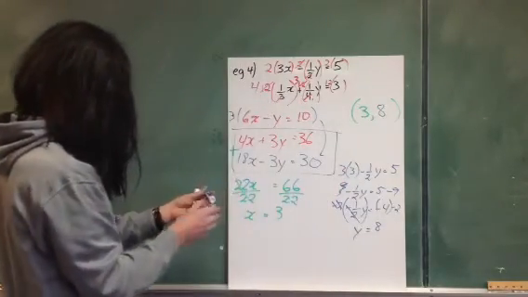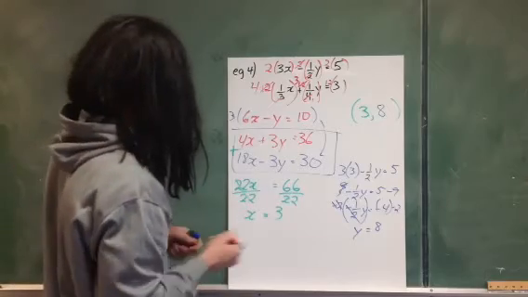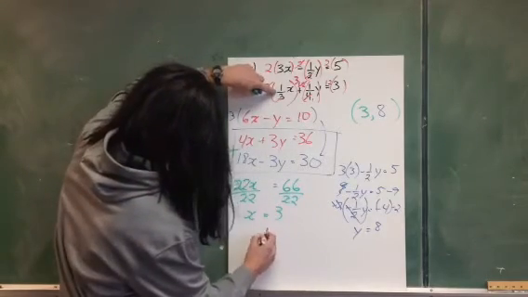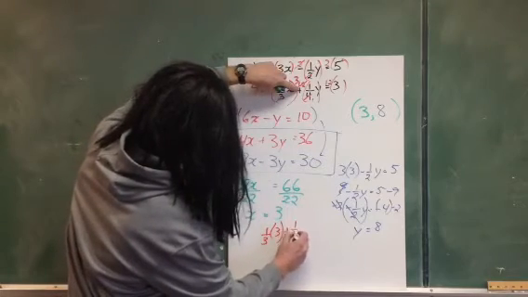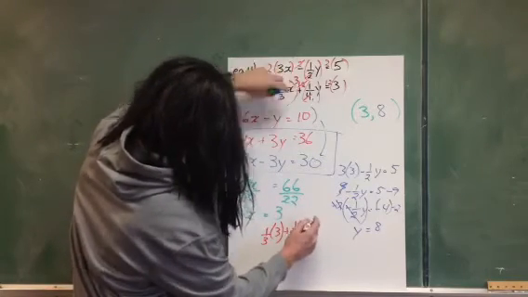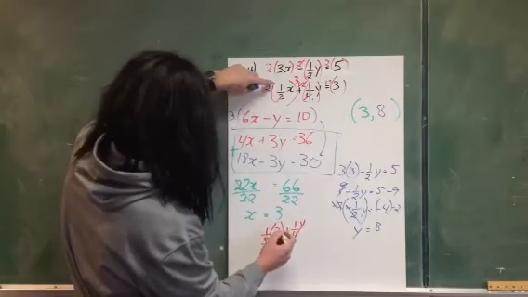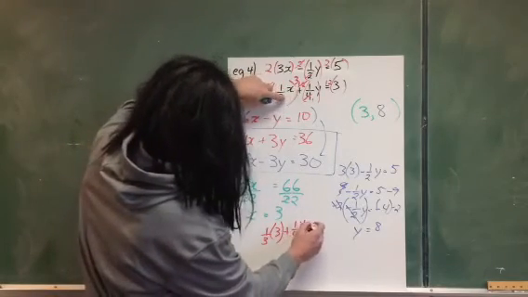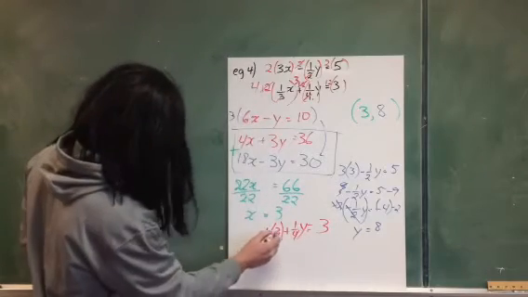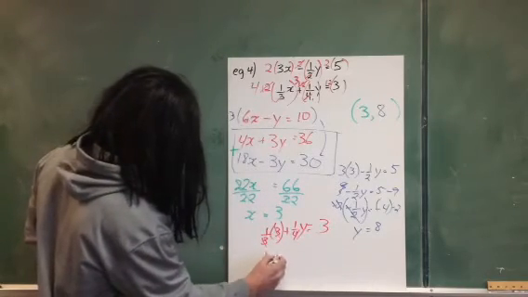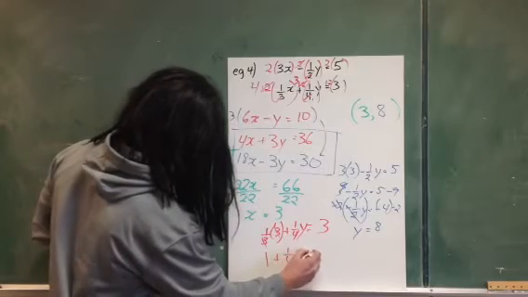We better verify this one because it's pretty difficult. Let's see. This one, 1/3 times 3 plus 1/4 y equals 3. Made a mess of that one. Okay, so these would cancel. I would have 1 plus 1/4 y equals 3.